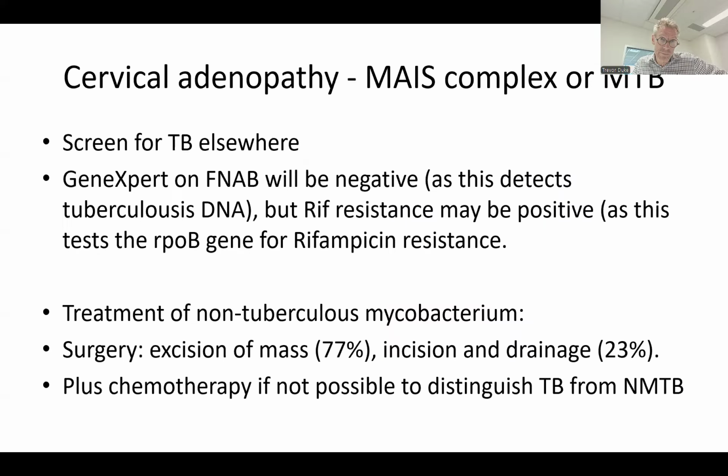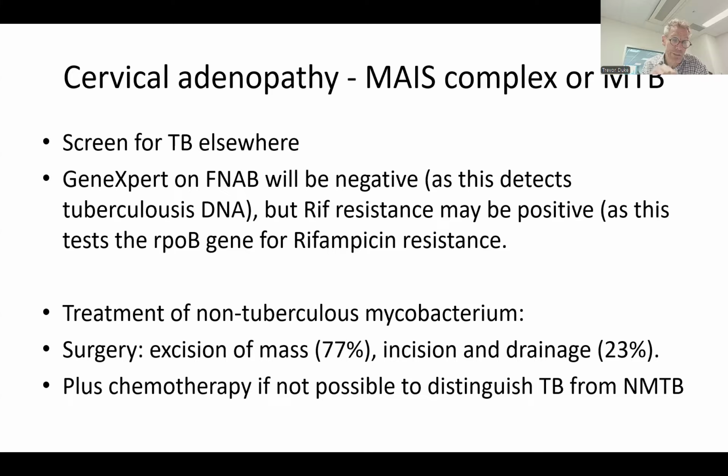It's quite common. If you've got a child who you think might have Mycobacterium avium intracellulare complex and not TB, well, then the first thing to do is exclude TB and screen for TB elsewhere. If you do a GeneXpert test on a fine needle aspirate, it will be negative if it's a MAC complex, but sometimes the rifampicin resistance will be positive, as MAC complex and TB share the same gene for rifampicin resistance.